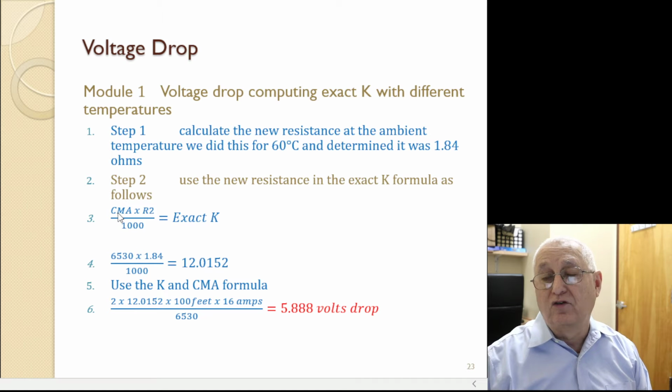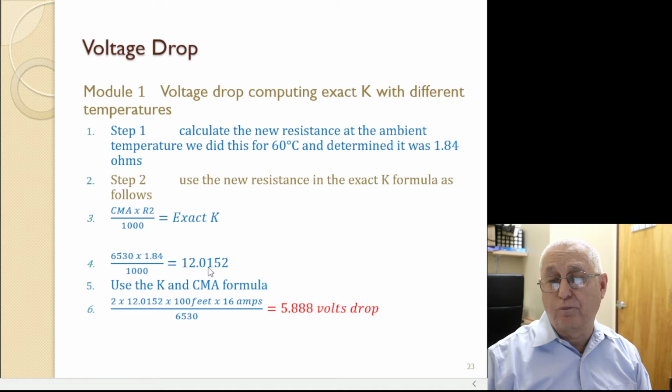We have CMA times R2, that's that adjusted resistance value, divided by 1,000 is going to give us an exact K. So we have 6530 times 1.84 ohms. This is the CMA, circular mill area. And then that divided by 1,000 will give us 12.0152 ohms.